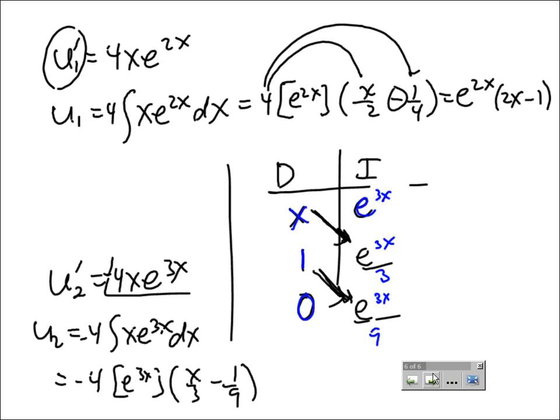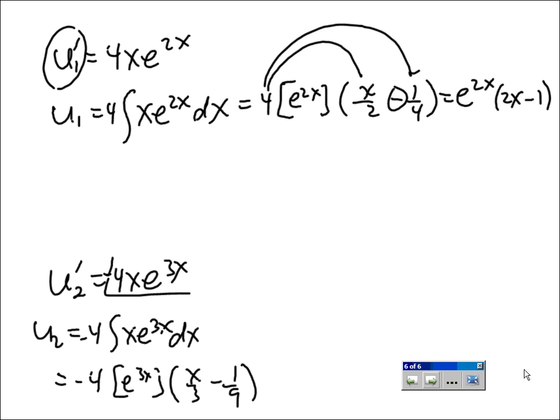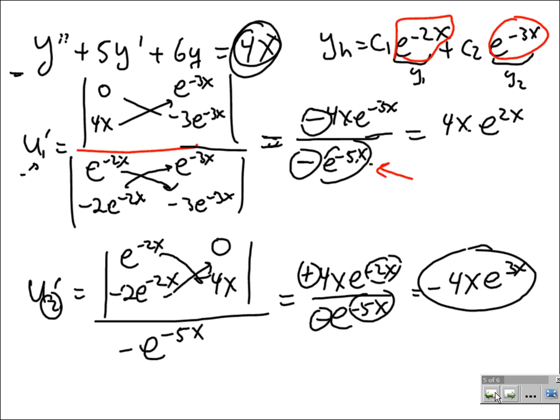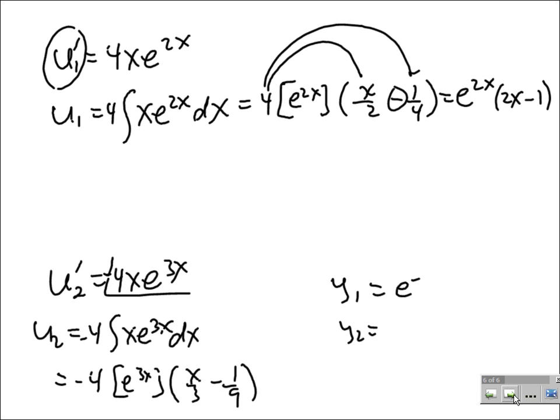So we have u sub 1, we have u sub 2, and down here, I'm going to write down what y1 equals and what y2 equals. I think they were e to the negative 2x and e to the negative 3x. So we're done.